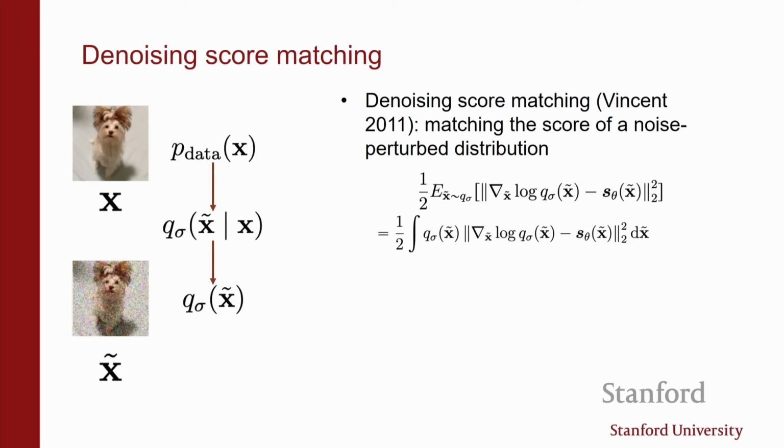The expectation is just this integral with respect to q sigma. So just like before, it's the norm of the difference between the estimated gradient and the true gradient, except that now instead of using the real data density, we use this q sigma, which is the noise perturbed data density.